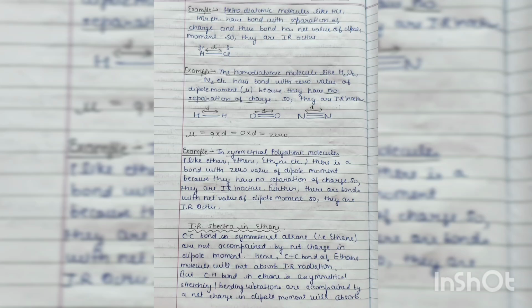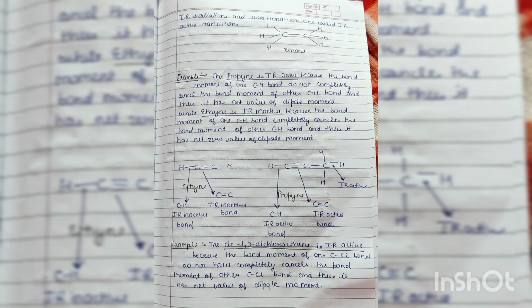Hence, the carbon carbon bond of ethane molecule will not absorb IR radiations, but the CH bond in ethane, with asymmetrical stretching and bending vibrations, is accompanied by a net change in dipole moment, will absorb IR radiations, and such transitions are called IR active transitions.